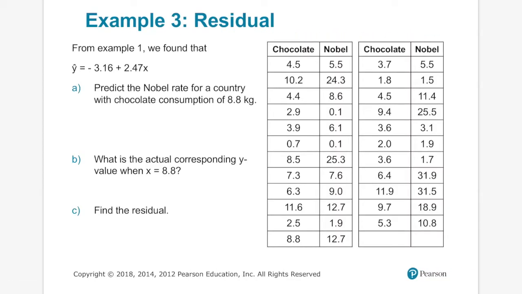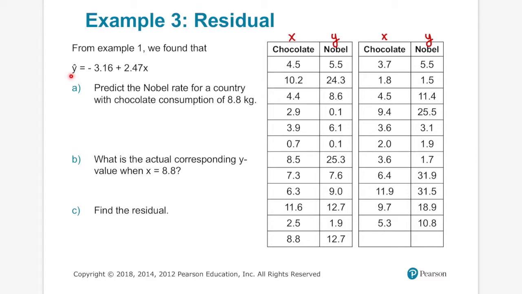Example 3. From example 1, we found that y hat equals negative 3.16 plus 2.47x. So from example 1, chocolate is my x and the Nobel rate is my y.